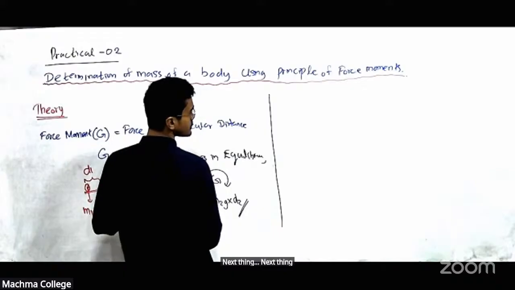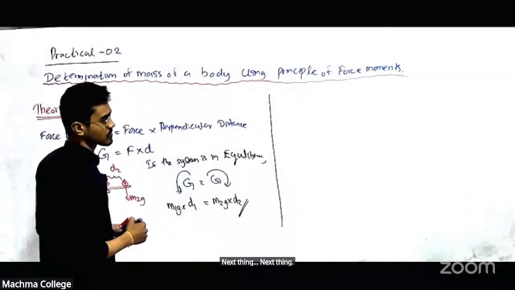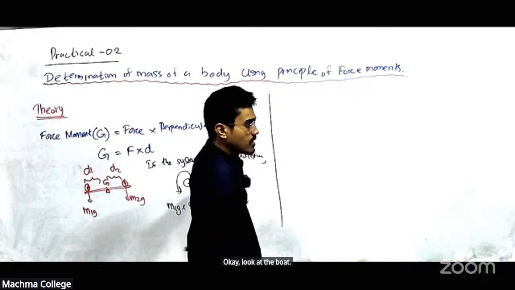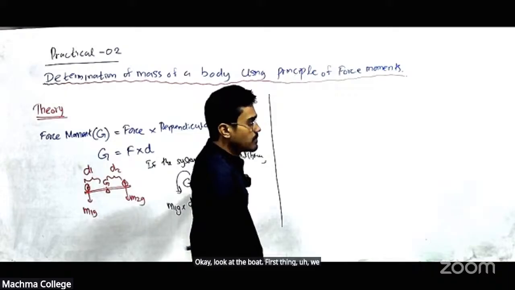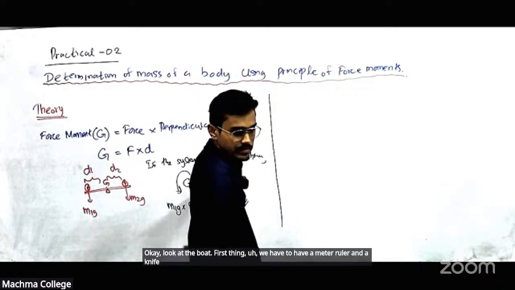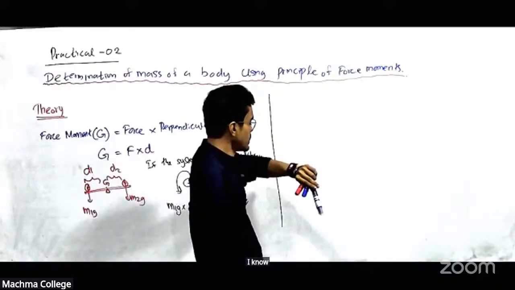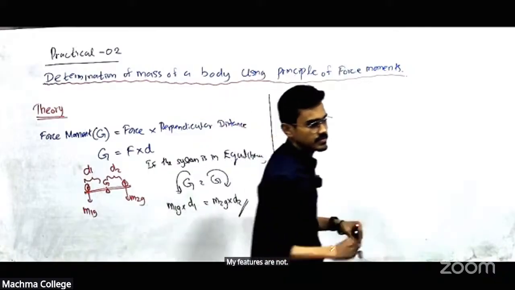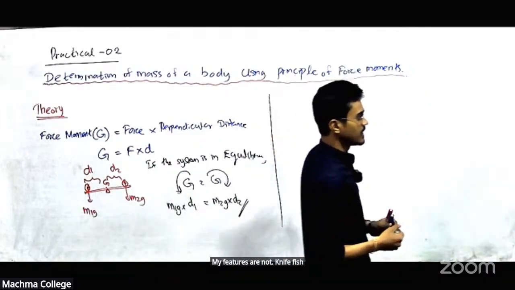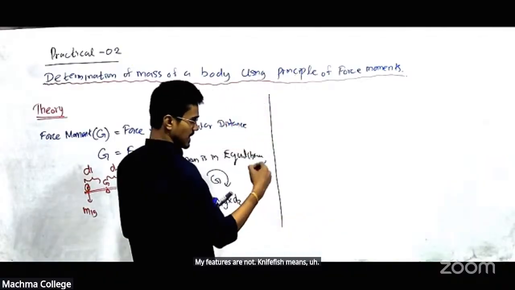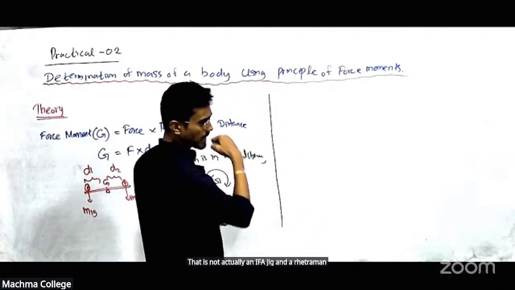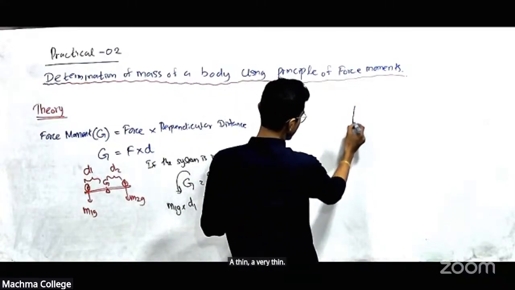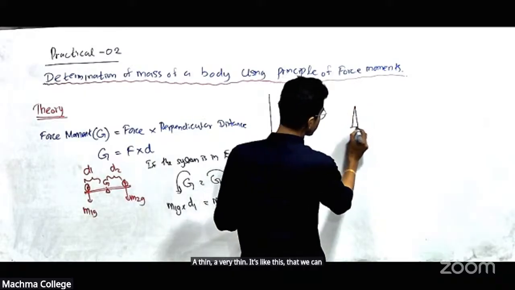Okay, look at the board. First thing, we have to have a meter ruler and a knife edge for the experiment. I know you know meter rulers. What's a knife edge? Knife edge means a very thin edge like this that we can keep something on it.